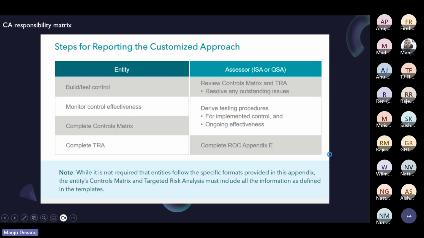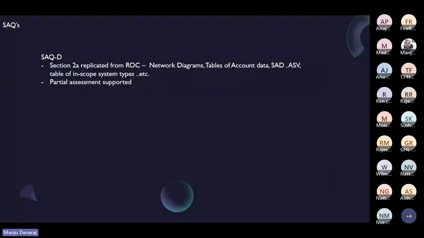Yes, there is a note there. Not required, it says, but just include all the required information. SAQ, self-assessment questionnaires, is a level 2 kind of assessment. SAQ-D is for merchants as well as service providers.